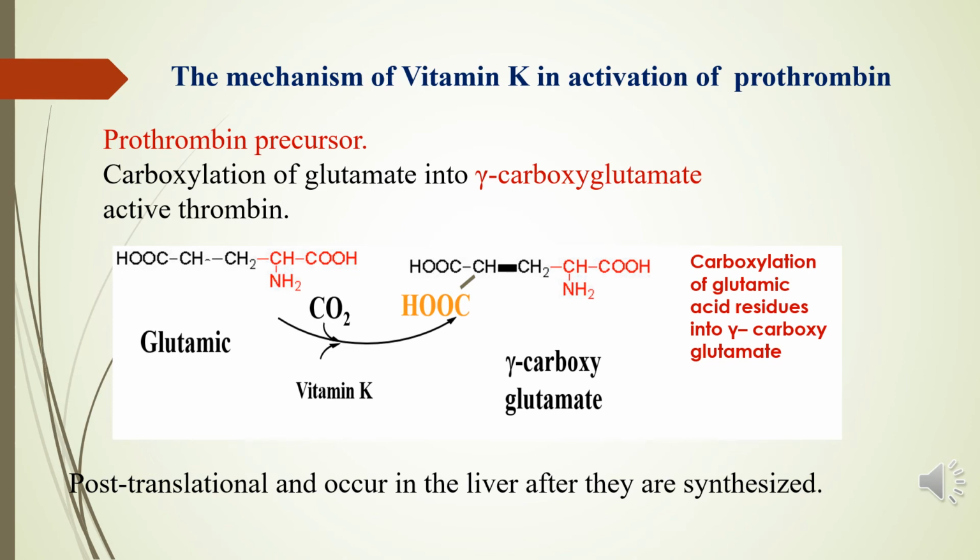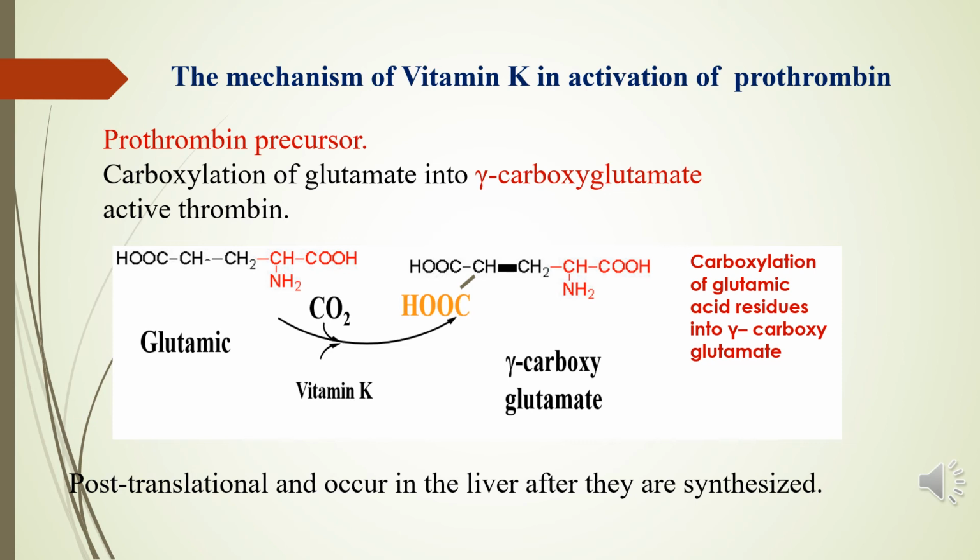And vitamin K is a cofactor for the carboxylation reactions that occur for these residues, converting them into gamma carboxyglutamate to convert the protein into an active thrombin. So, as you see, vitamin K is a cofactor during the carboxylation reaction of glutamate.